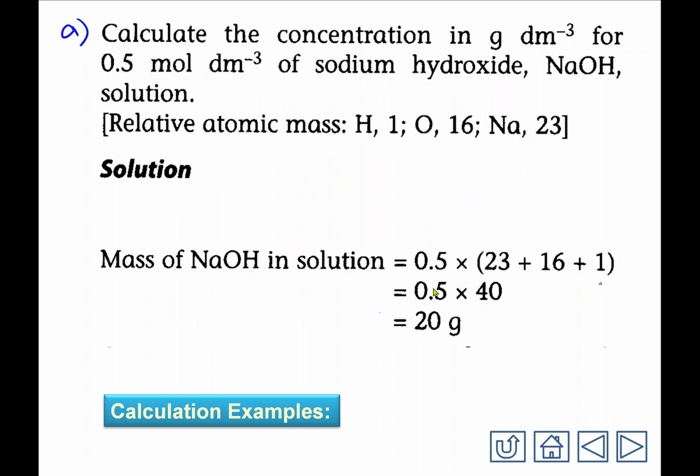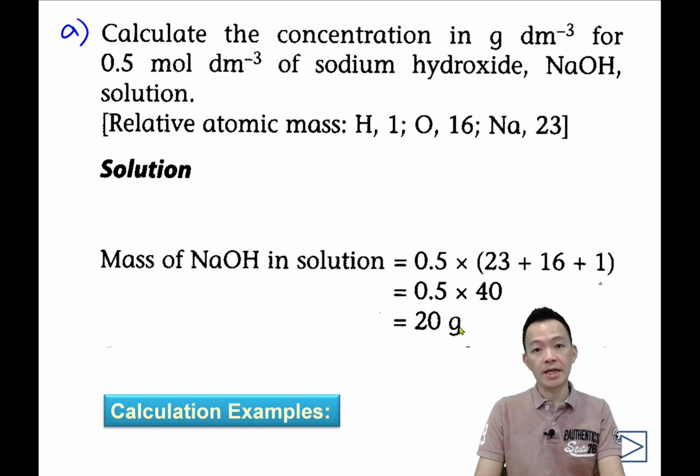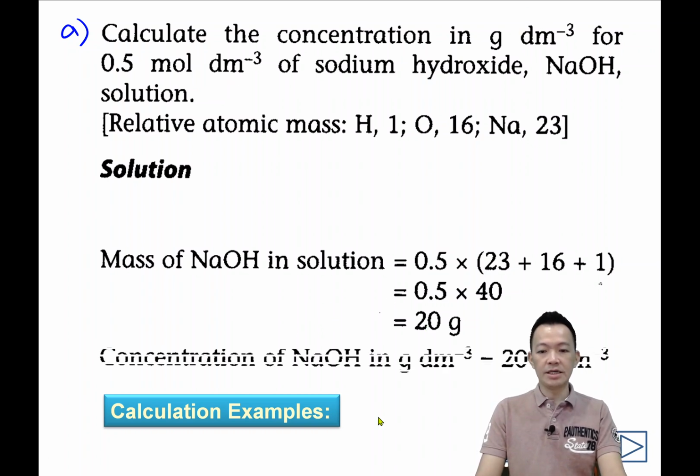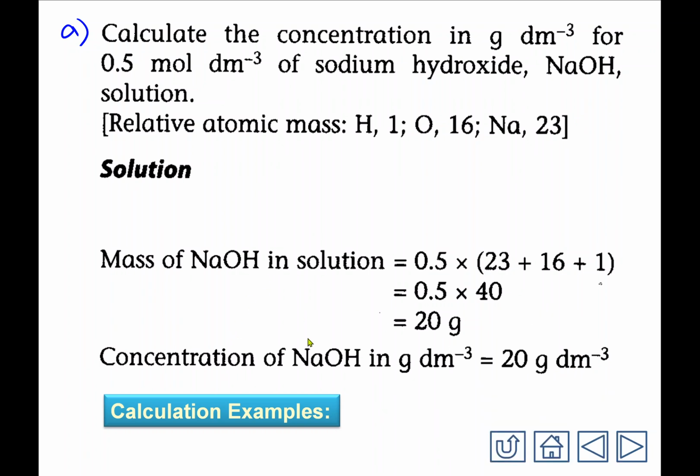So 0.5 mole, 1 mole 40 gram, 0.5 mole will be 20 grams. So equal to 20 gram per cubic dm. 0.5 mole per cubic dm equals 20 gram per cubic dm, 其实就是一样的. So the answer: the concentration of the sodium hydroxide in gram per cubic dm will be 20 gram per cubic dm.